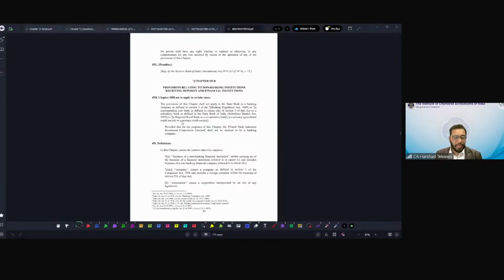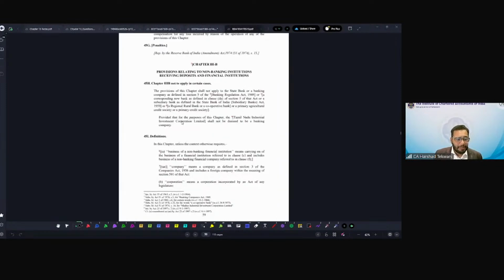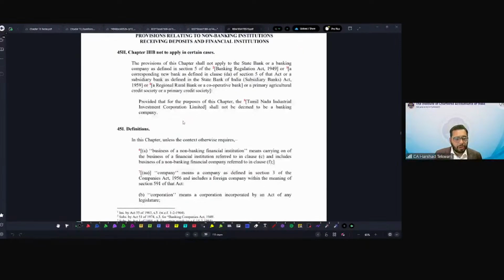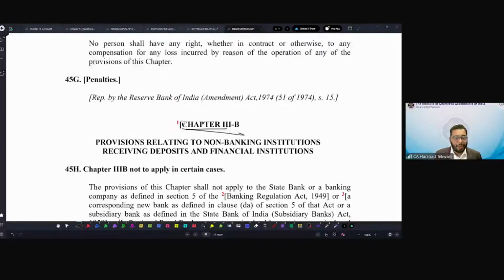If you see in the RBI Act, chapter 3B talks about provisions related to non-banking institutions receiving deposits and financial institutions. Very important chapter, and this is the base that provides the things about NBFC.